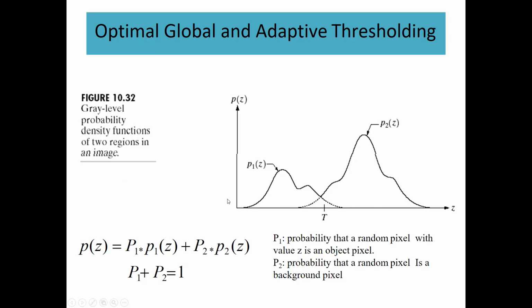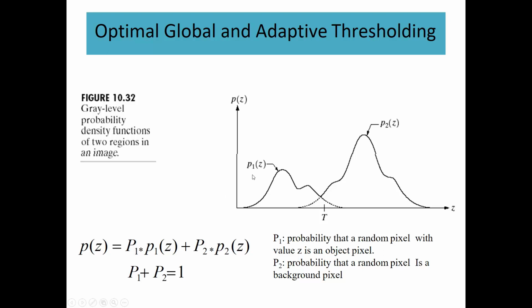So the normalized histogram can be viewed as the probability density function of this random variable Z. Now we assume that the image contains two major intensity regions that dominate the intensity values. So our histogram will look like a bimodal histogram.